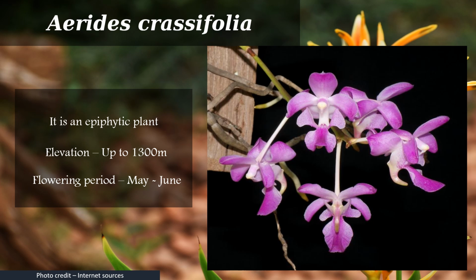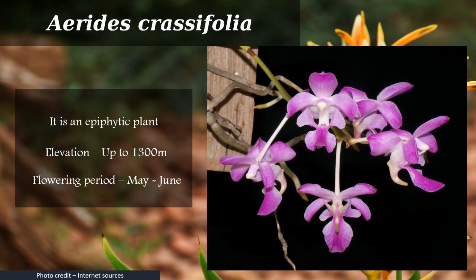One more thing is that the flower is long lived, because it has a very long-lasting flowering period. It is different because it has pink at the edges of every sepal, petal and the lip.